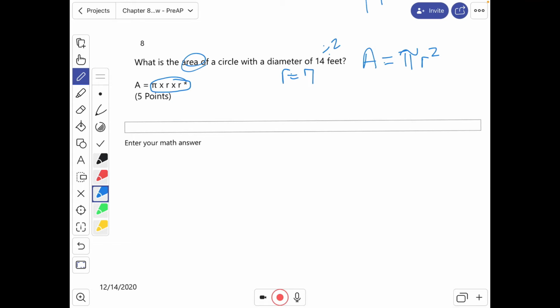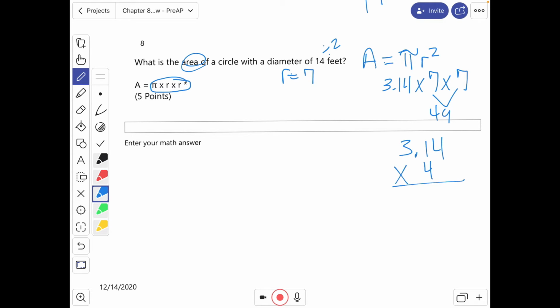So now plug in the numbers into the formula. The number for pi is 3.14 times the radius, which is 7, times the radius again, which is also 7. And 7 times 7 make 49.